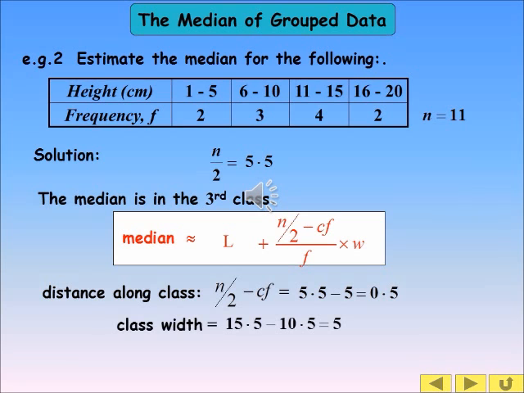The class width is the highest minus the lowest, 15.5 minus 10.5, which equals 5.